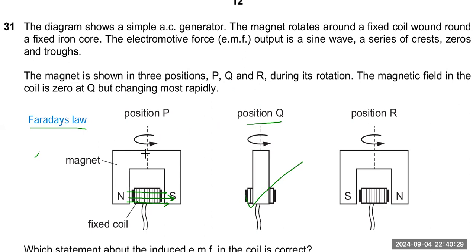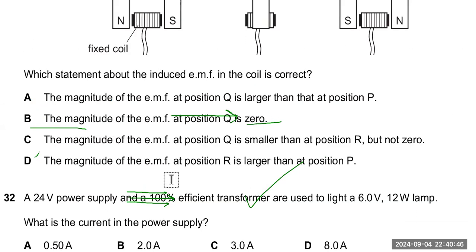So when the magnet rotates from position P to position Q, you can say that EMF will be larger in Q position. So you have to check which will be the correct option.